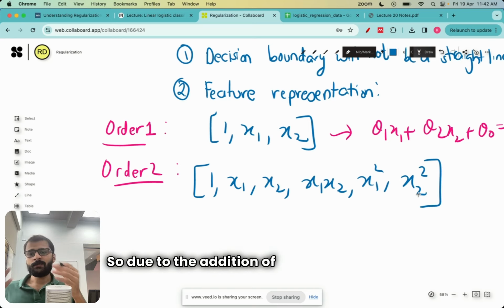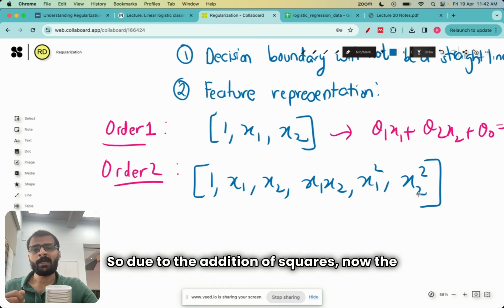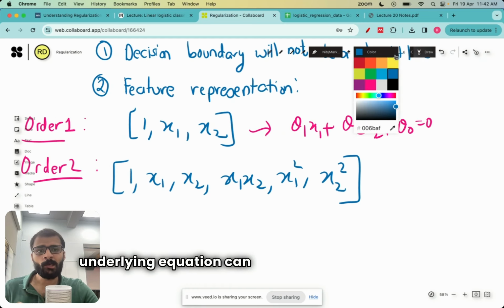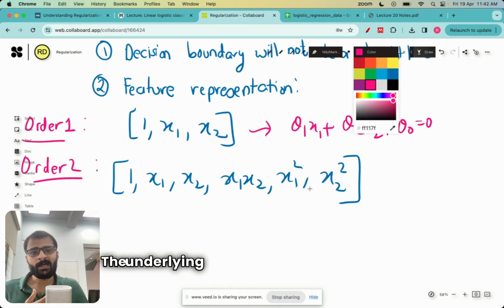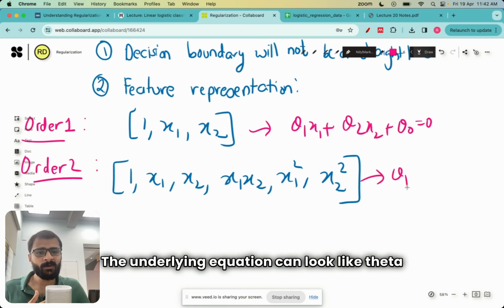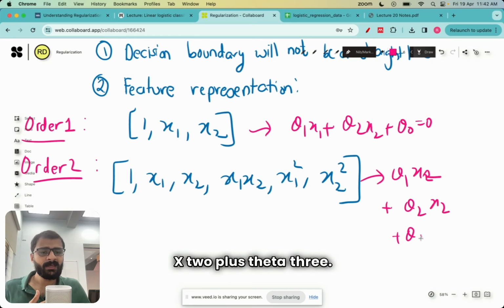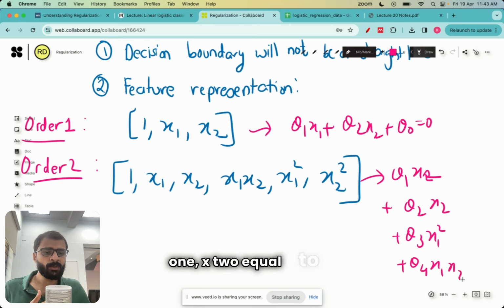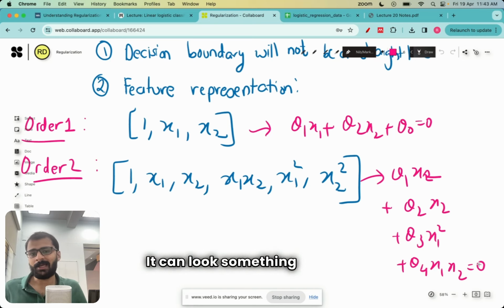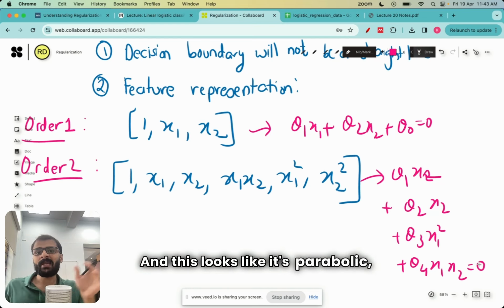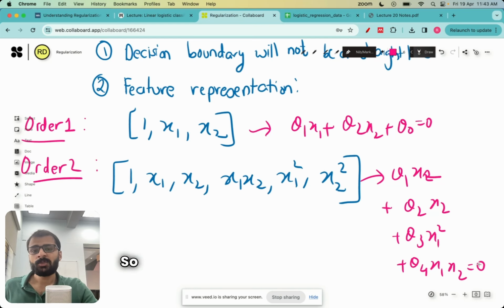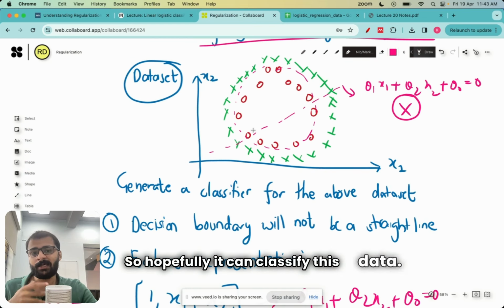Due to the addition of squares, the underlying equation can look a bit more complex, like theta 1 x1 plus theta 2 x2 plus theta 3 x1 square plus theta 4 x1 x2 equal to 0. This looks parabolic, it's a bit more complex, so hopefully it can classify this data.